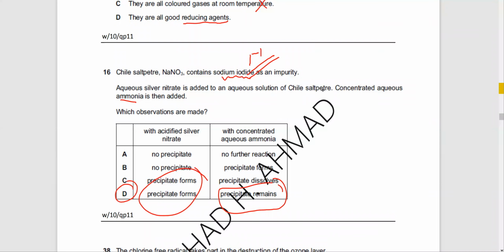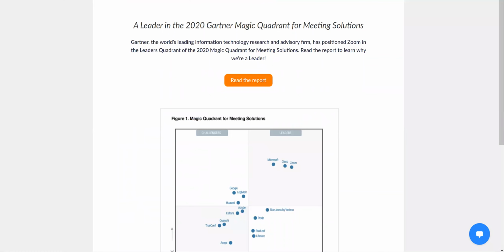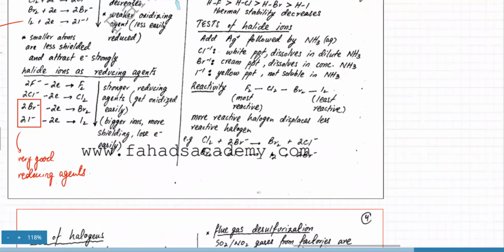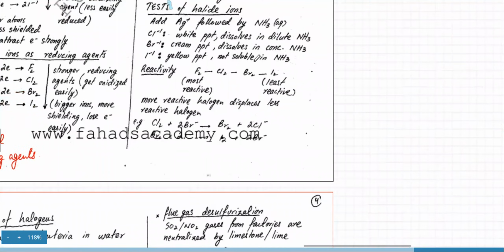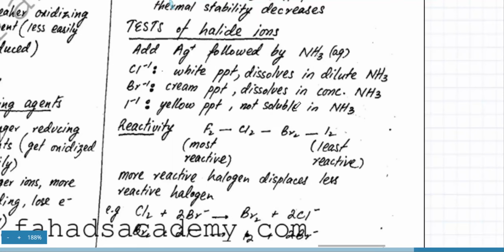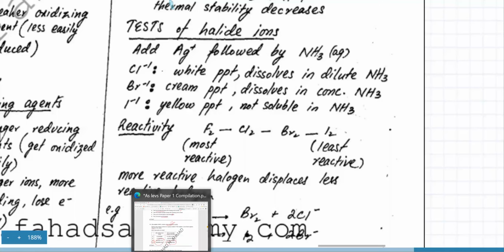It's going to be D, because if you look at the test for the ions, you would notice that I minus one precipitates are not soluble in NH3. They're absolutely not soluble, so nothing would happen to them.